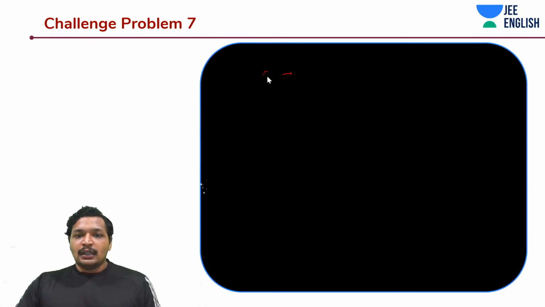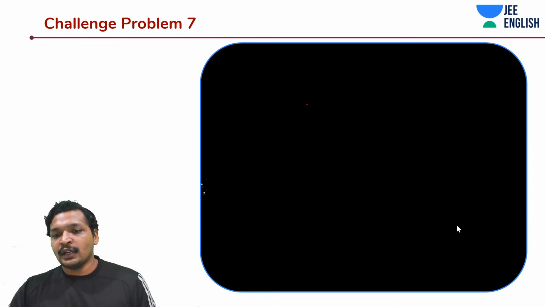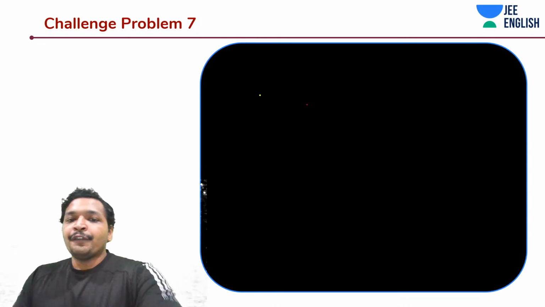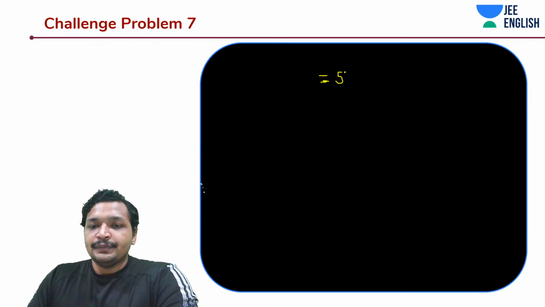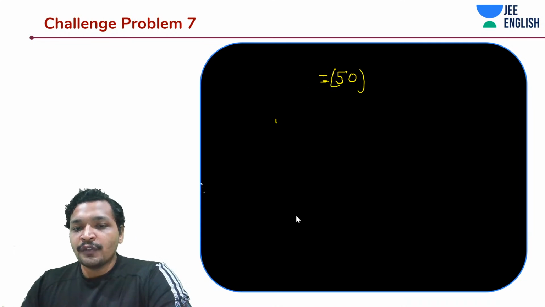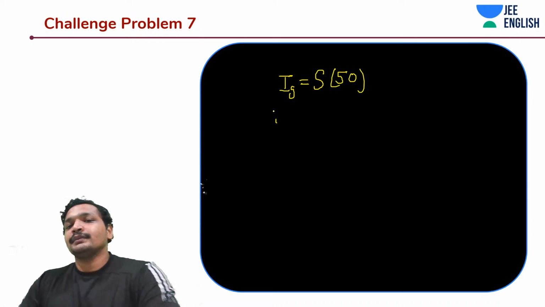Let's start with a yellow color. So 50 divisions was your initial current. That is going to be sensitivity into 50 is equal to something Ig.